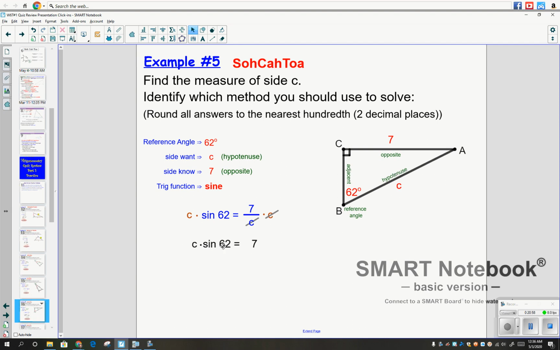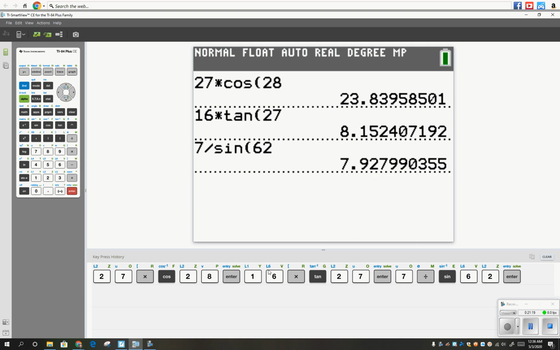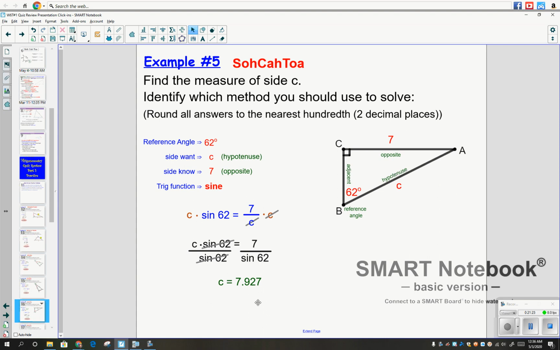Well, if I had a number times c, I would divide by that number to get c by itself. So I'm going to divide both sides by sine of 62. So c will equal 7 divided by sine of 62. 7 divided by sine 62 equals 7.927. Rounded to the nearest hundredth, 7 tells me to round up, so it's 7.93 is my answer.